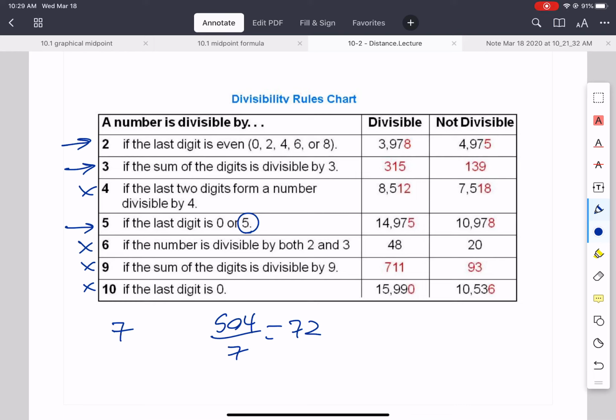If I did 508, divide that by 7, depending on the calculator, it might just say 508 divided by 7, or it'll give you the decimal, 72.57, etc. If it gives you a decimal, then it is not divisible.